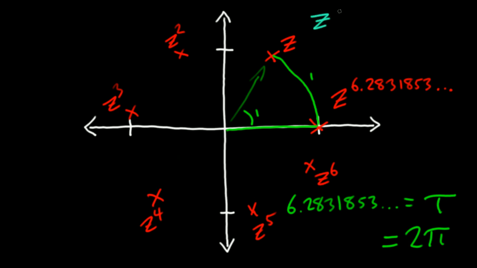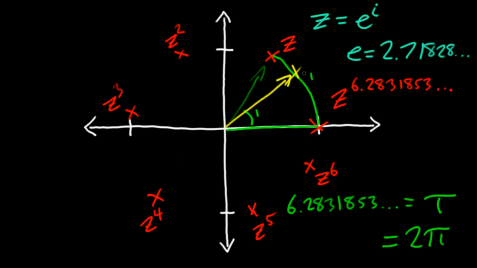And this particular z happens to be equal to e to the i, where e is Euler's number, 2.71828, and so forth. You might have heard of this number before. And it works out that e to the i theta, let's just designate some number here, e to the i theta is the number along the unit circle that has angle theta with respect to the positive real axis.